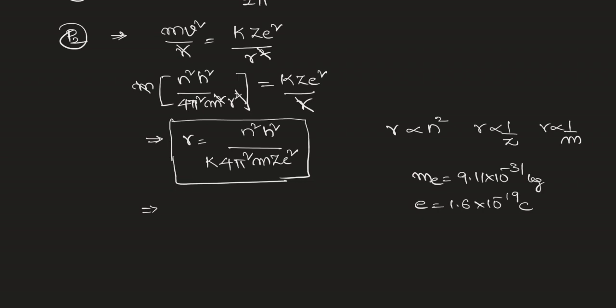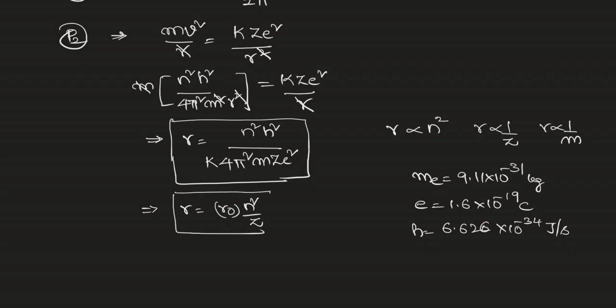And if I substitute all other constants with Planck's constant value as 6.626 into 10 to the power of minus 34 joule second, I'll get r is equal to r naught into n square by z. This r naught value is 0.529 angstroms.